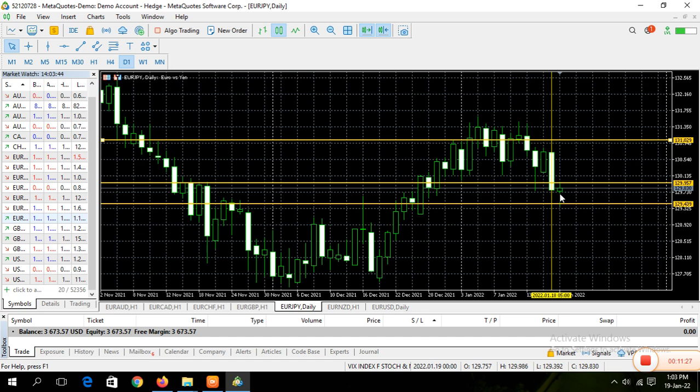From here, today's candle is going upward because it has respected this support level. This is support because the candle is up, and this is resistance as we said earlier. If you look at it daily, it gives you better information to know what is happening.